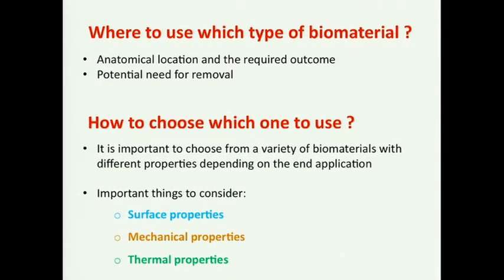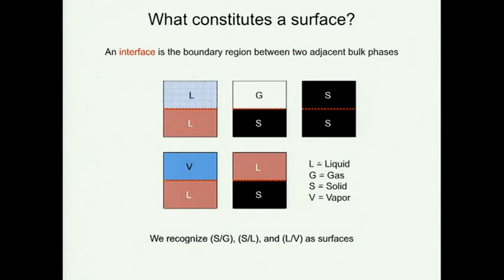But how to choose which type of material to use, there are important parameters, and surface, mechanical and thermal properties of materials are important for us when we want to design something starting from scratch. And today, since thermal properties are out of scope of this talk, I'll just be talking about surface and mechanical properties and try to give you the basics of what these are, so that when you want to design your own system one day, you'll have an idea of where to start.